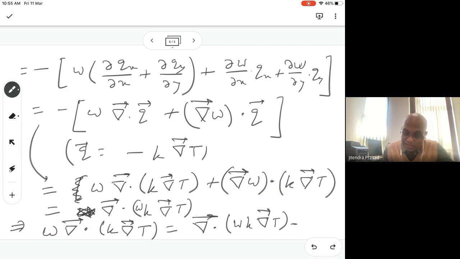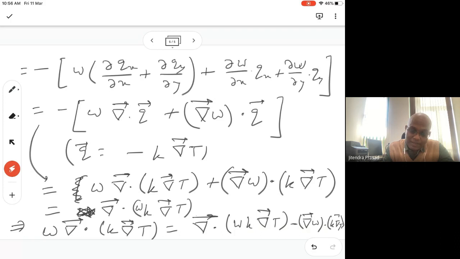So we will write it as gradient of w dot K gradient of T. Yeah, so we will put this value now in the original equation.